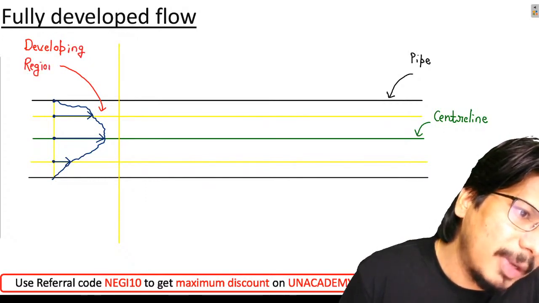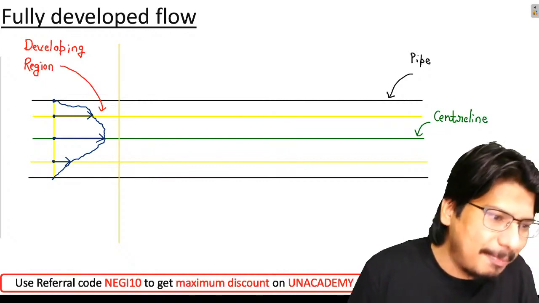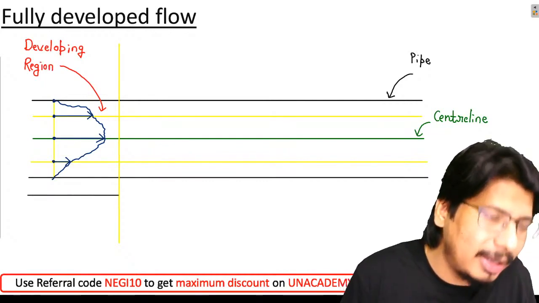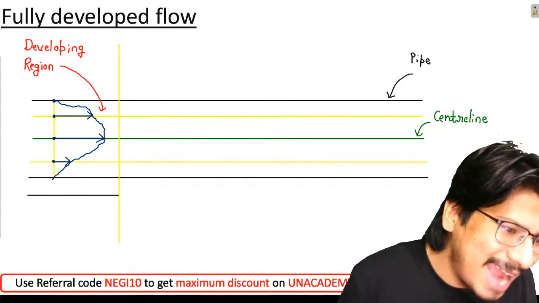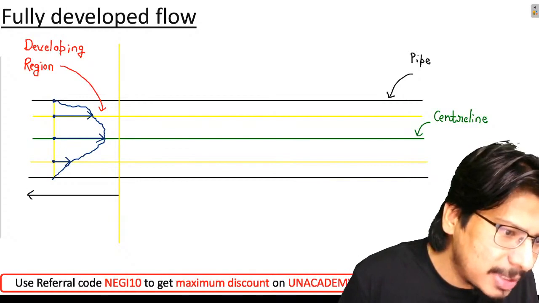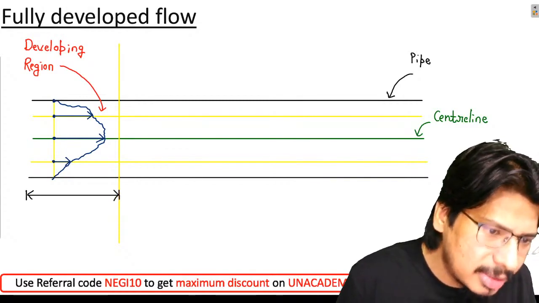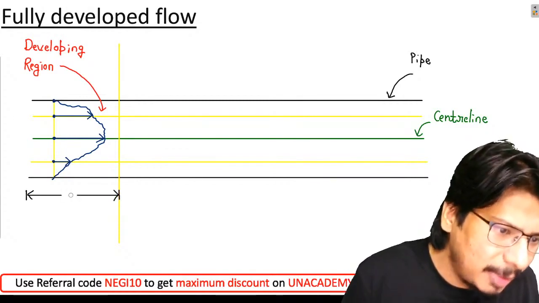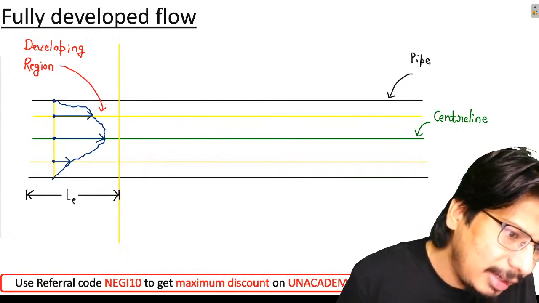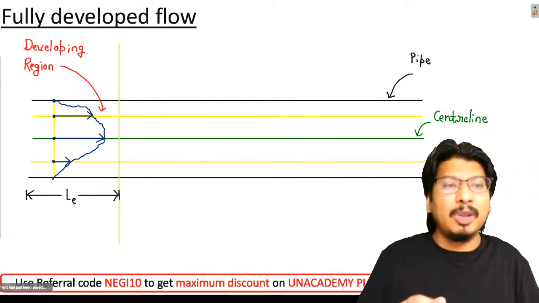Let me call it the developing region. And this length of the pipe up to where I have the developing region is known as the entrance length. This is basically the entrance length beta. Let me represent it by LE, the entrance length. Now look here.